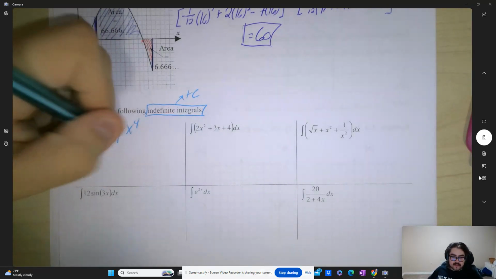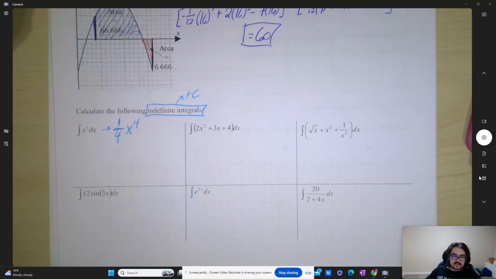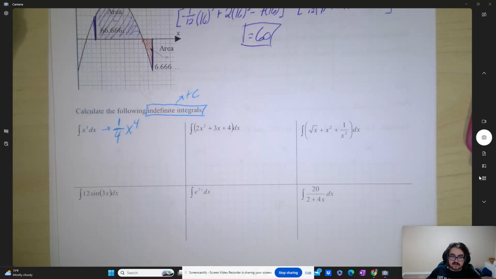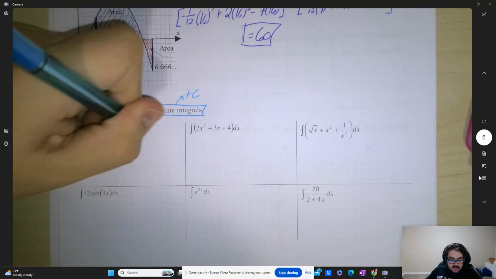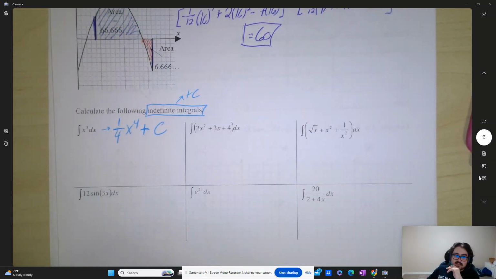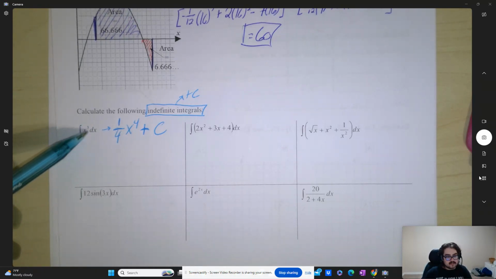Oh, look at that. That's the integral, right? You notice when you take the derivative of this, it gives you x to the third, right? And we cannot forget our plus c. You have to put a plus c at the end because you don't know if you've lost any terms when we took the derivative to get x to the third.